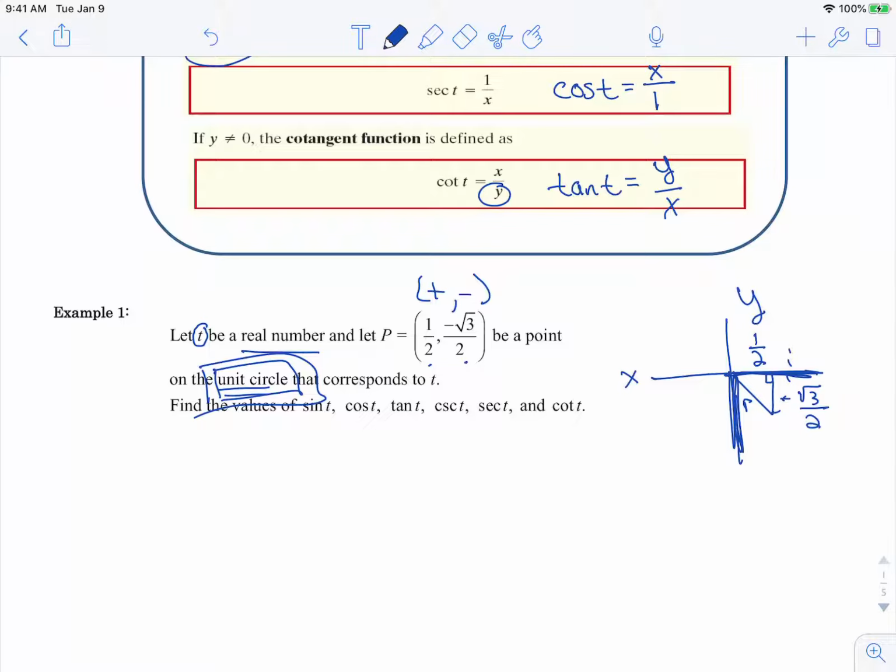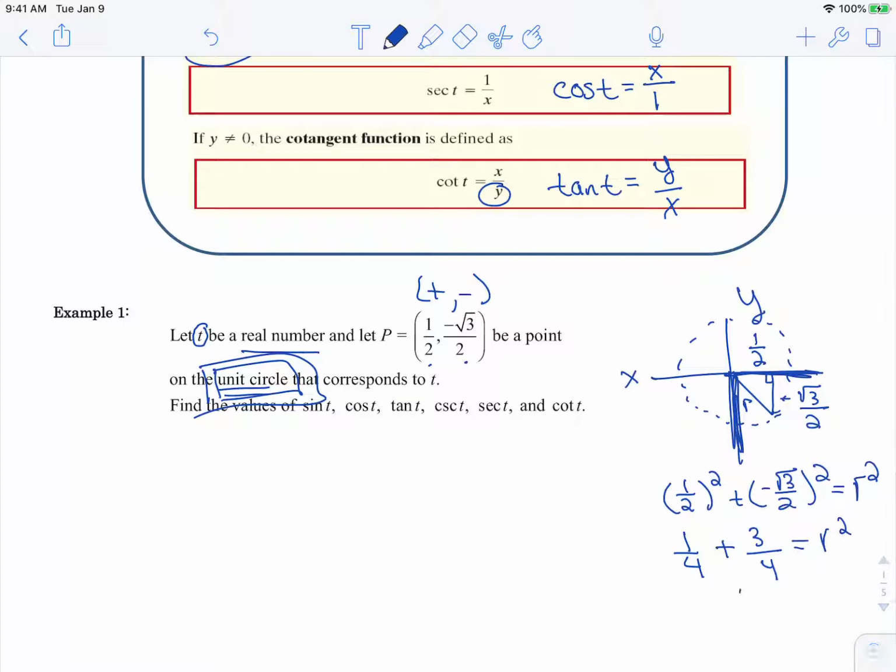There's our circle right there. If I wanted to see what our radius is, I would do Pythagorean theorem. So I get 1/4 plus, well, negative root 3 squared is positive 3. 2 squared is 4.